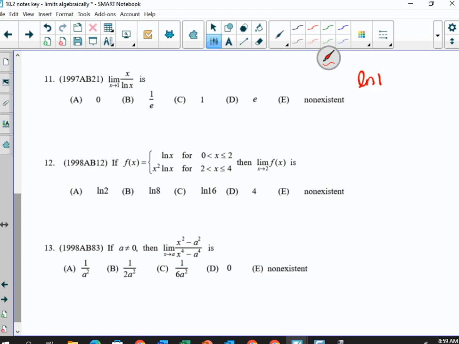Remember natural log of 1? We're thinking e to what power is 1? 0. That's how you did it. So we're definitely dividing by 0 here, and there's no nice factoring, no conjugate, nothing that's going to work. So if you had to guess an answer, what would you go with? And that's all we're going to worry about.